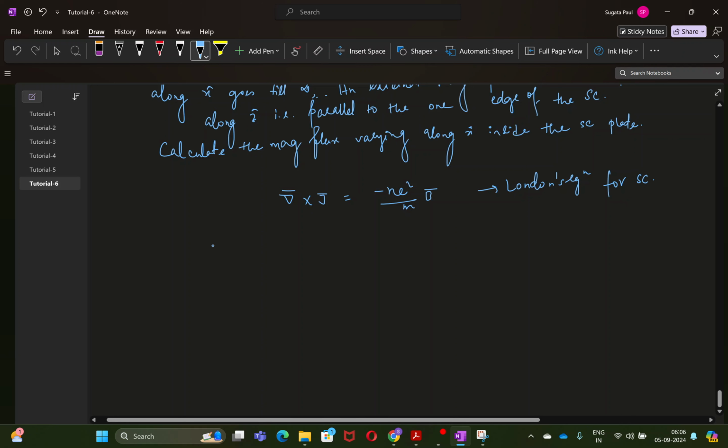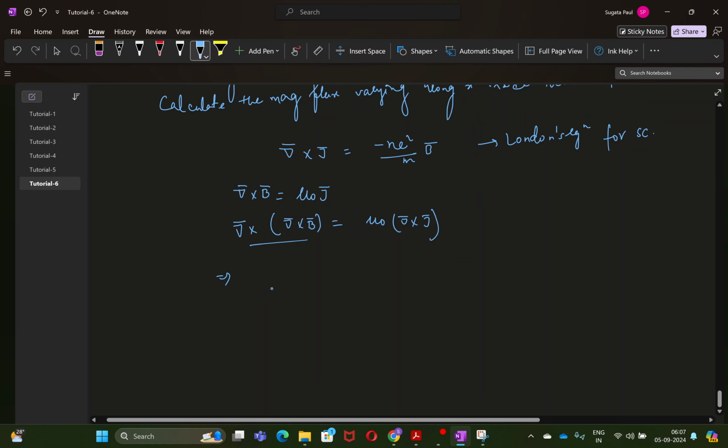Now we can use the formula that curl of B, the magnetic flux, is equal to mu naught J, where J is the current density. Then take curl on both sides: curl of curl of B equals mu naught, a constant, times curl of J. Also, using vector calculus, you can decompose this part like this.